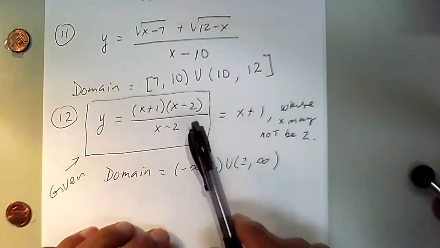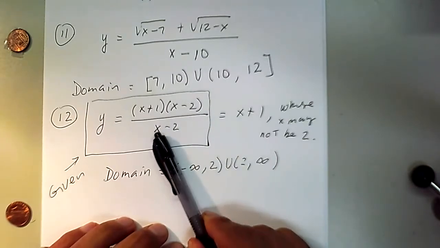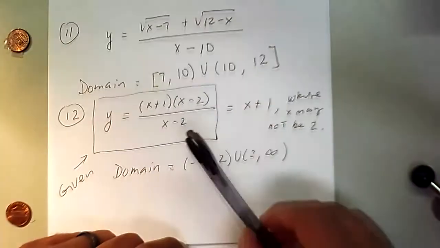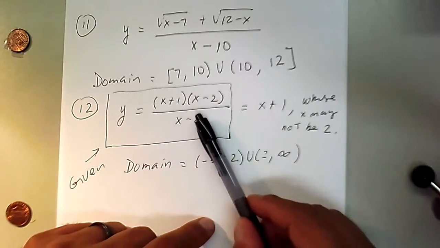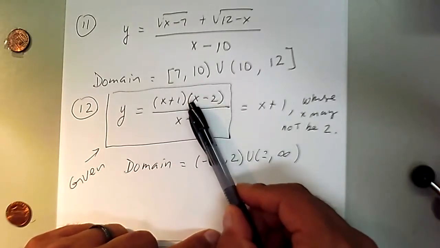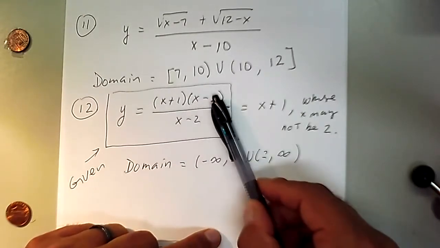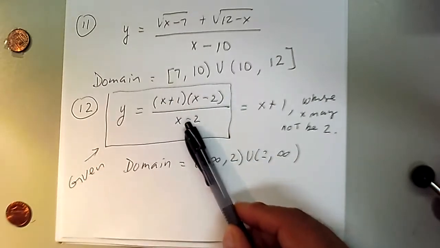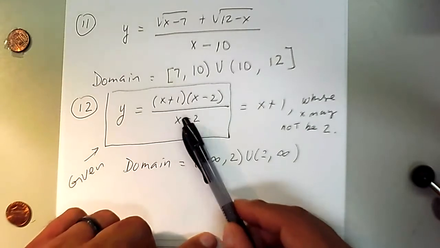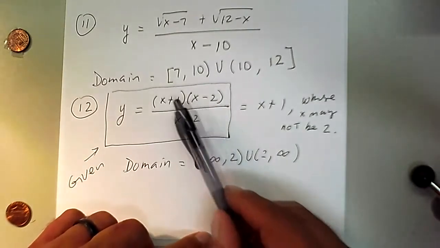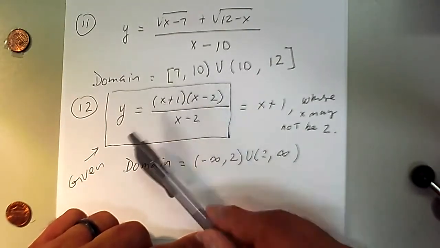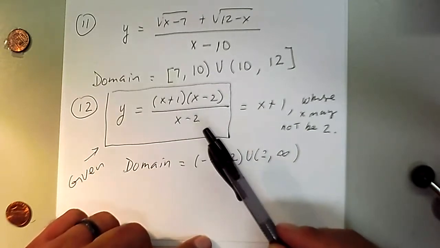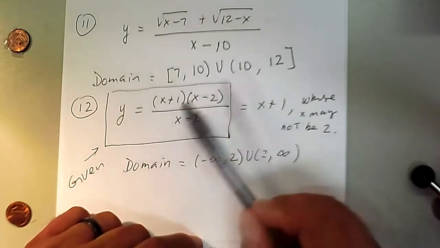Whenever we are canceling, see, if x was 7, then x minus 2 would be 5, so we would be multiplying by 5 to then divide by 5. And multiplying by 5 and dividing by 5 undo each other. But multiplying by 0 and dividing by 0 doesn't even make sense, because we cannot even divide by 0.